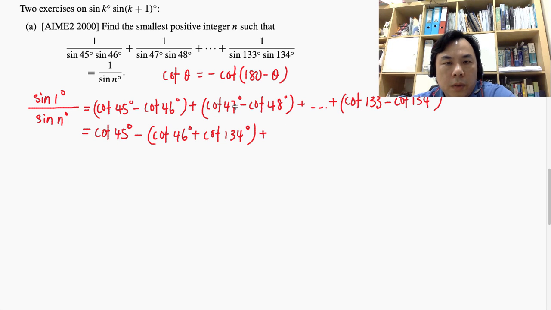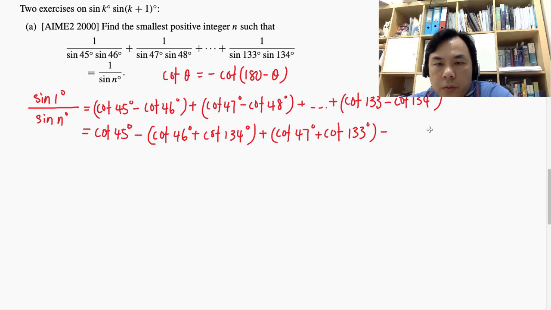And then after that we can combine cotangent 47 with cotangent 133 degree, and so on and so forth in this case. And then until we reach 89 plus cotangent 91 here.